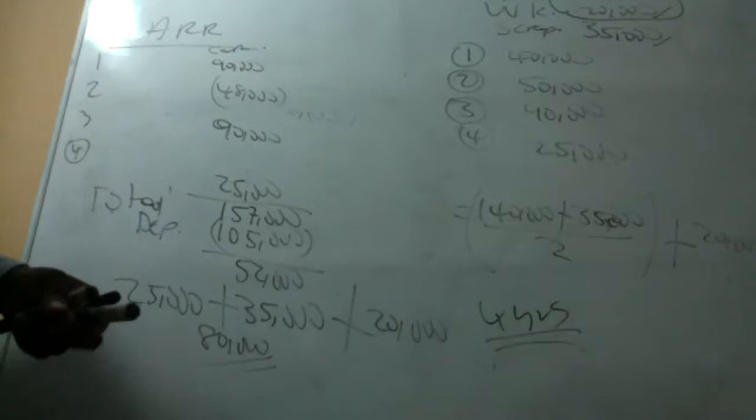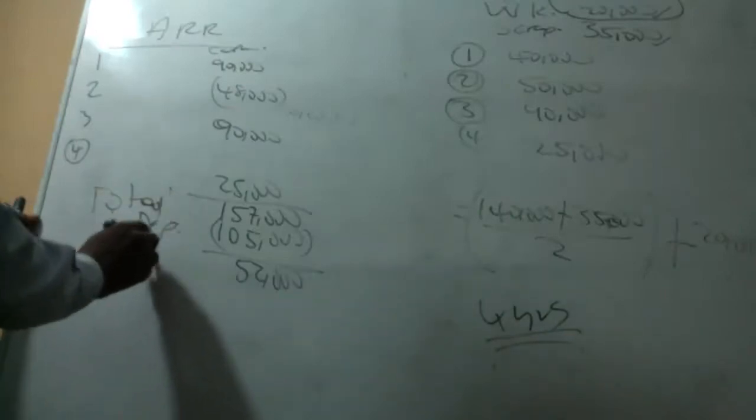Putting all these three together, we have 80,000. So take note, do you add the scrap value if it's in your question? That's why we have the 80,000.